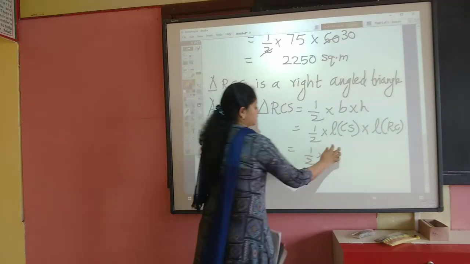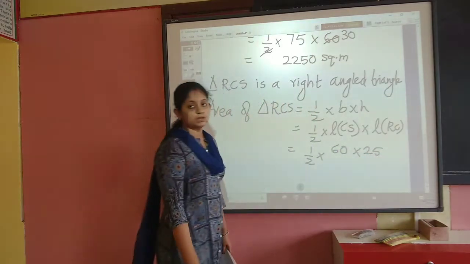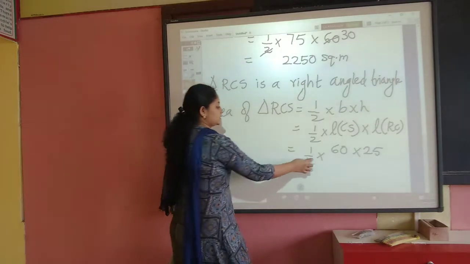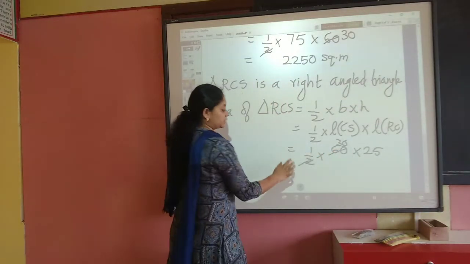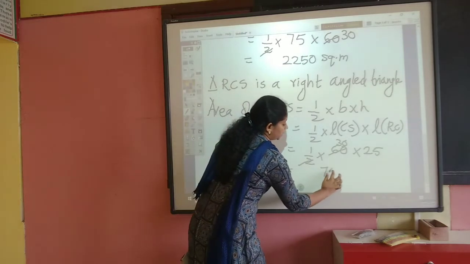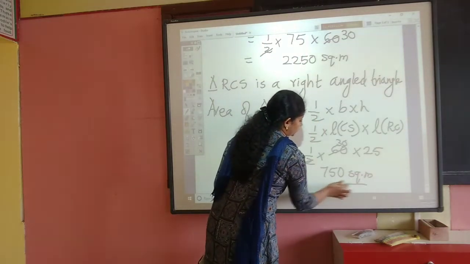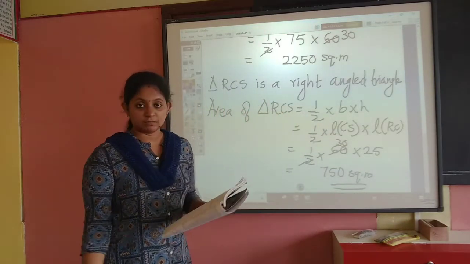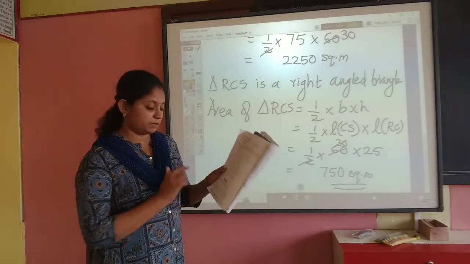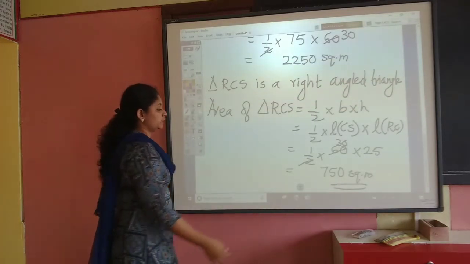CS is nothing but 60 into 25. Okay, now you can cancel 2 and 60, you get 30 here. Correct? 25 threes are 75. So how much you are getting? 750 square meter. This will be your answer. Whether our sum is done? No. One more triangle is there below part which you can see PTS. So that we are going to find out the area.